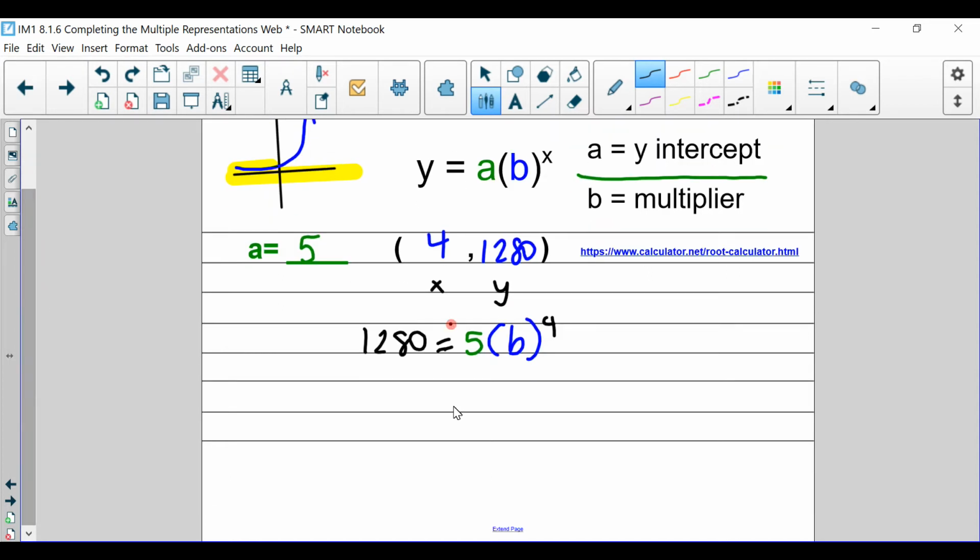So we're going to isolate the variable. How do you isolate the variable? Well, you're going to divide. In this case, we're going to divide by 5 on both sides, because that will isolate the variable so that we now have a giant one, this cancels out, and we've got b to the 4th is equal to 1,280 divided by 5.